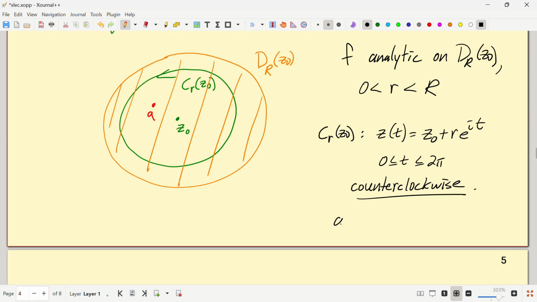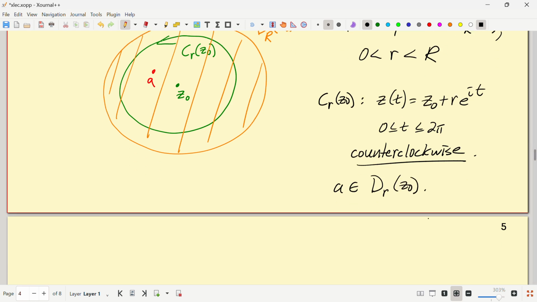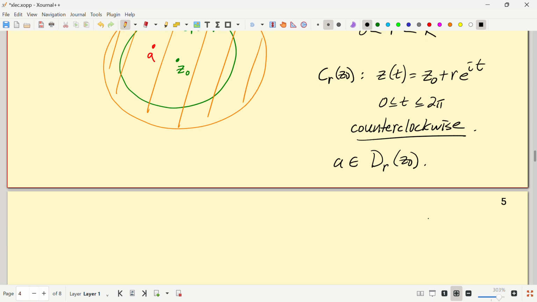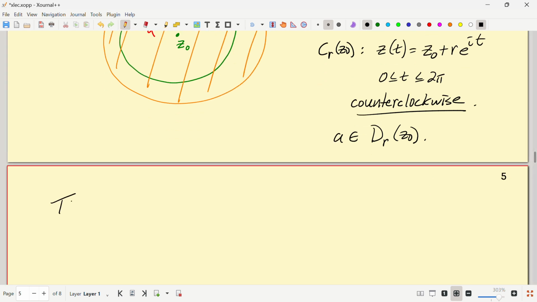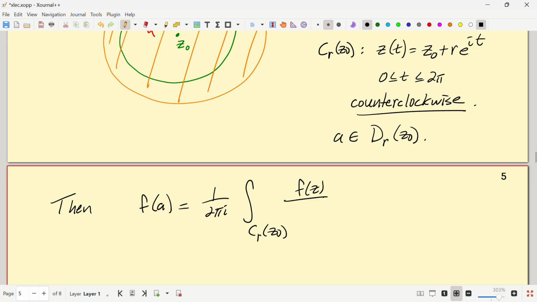And my point a is in the disk of radius little r about z naught. Then the famous Cauchy integral formula for the disk is f of a is equal to 1 over 2 pi i times the integral around the circle of radius r about z naught of f of z over z minus a, dz.